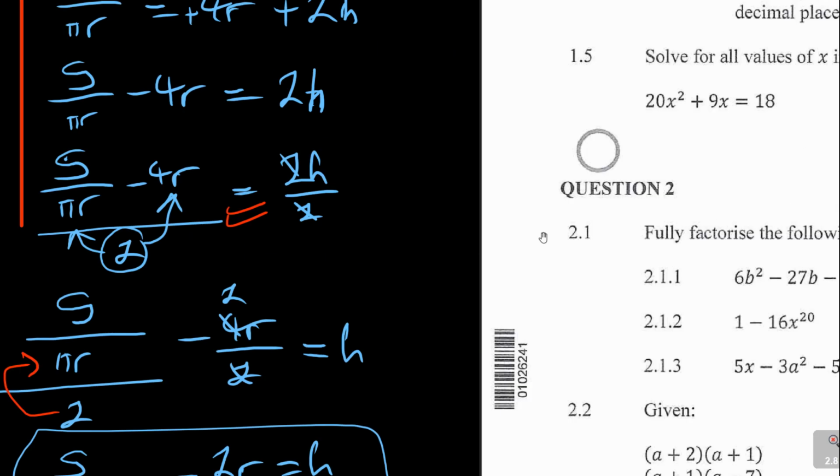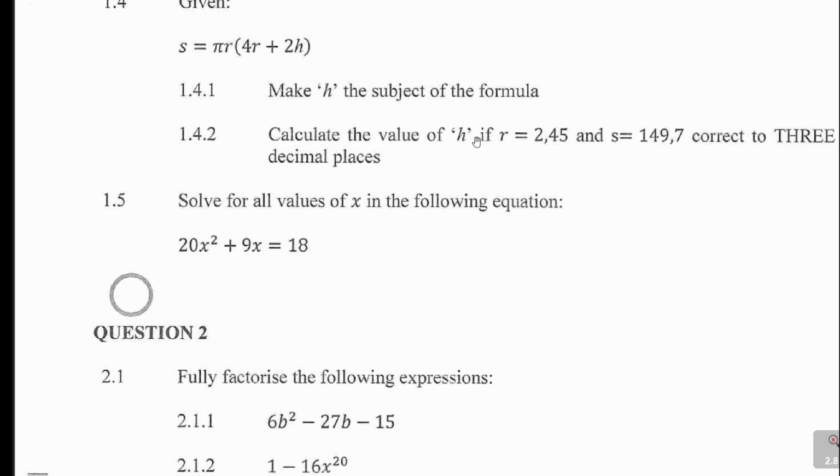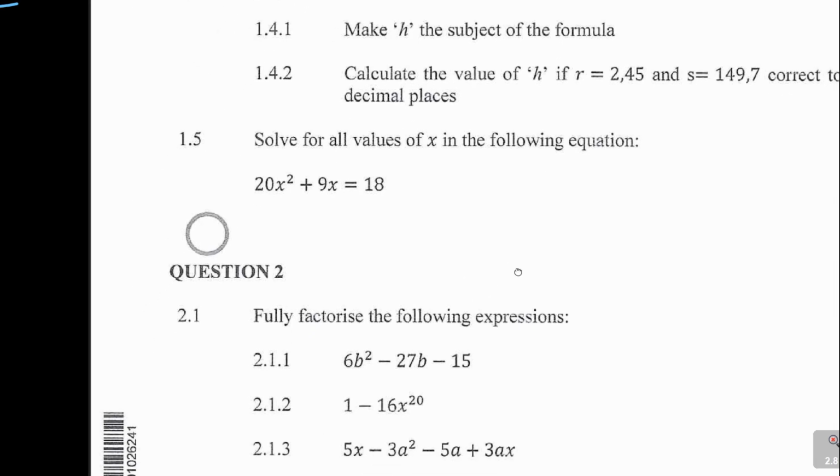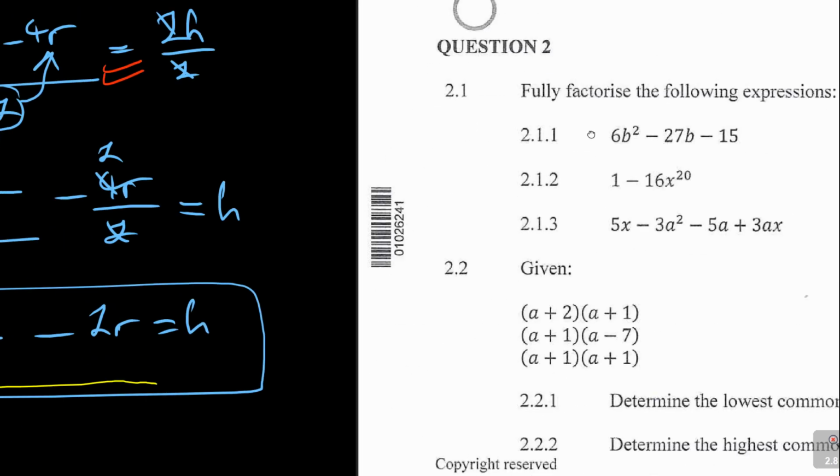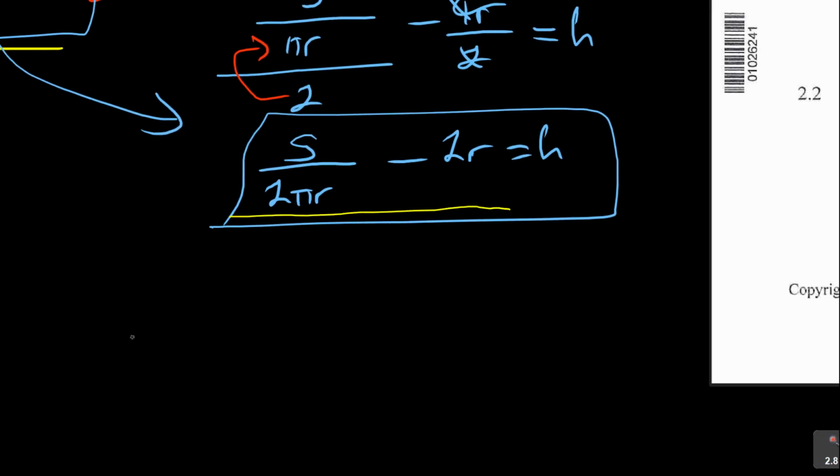And then the next question says, calculate the value of h if r is 2,45 and s is 149,7, correct to 3 decimal places. So r is 2,45. So what you do here is you continue now to question 1.4.2.